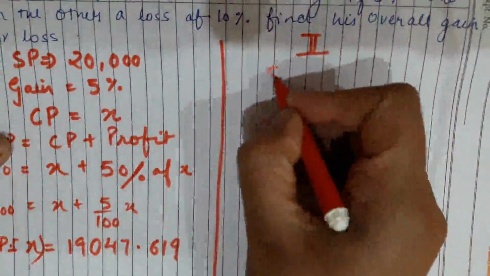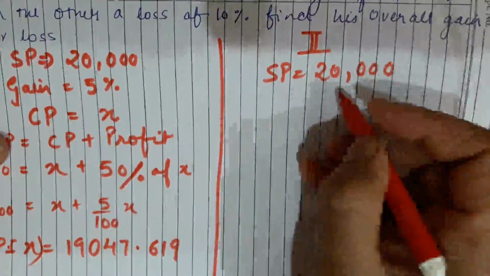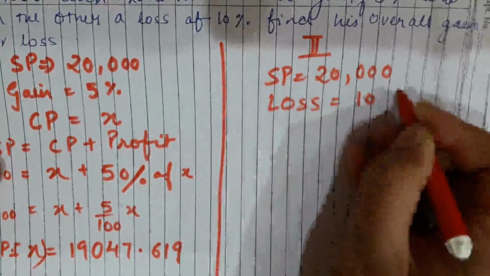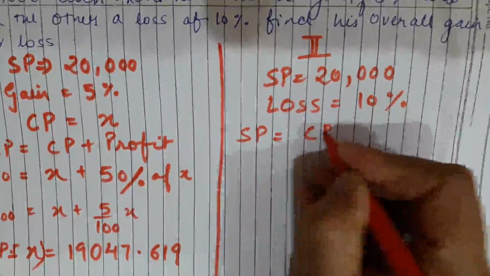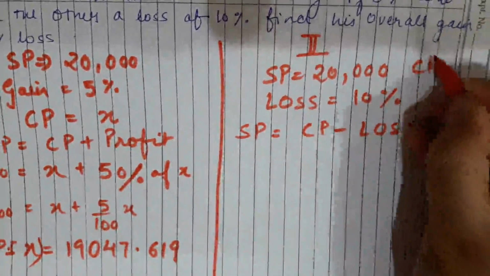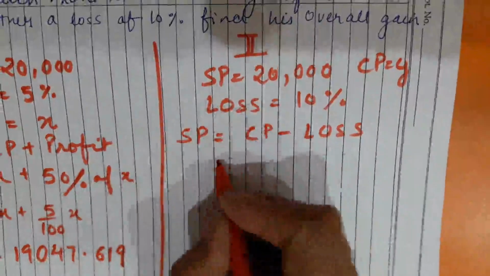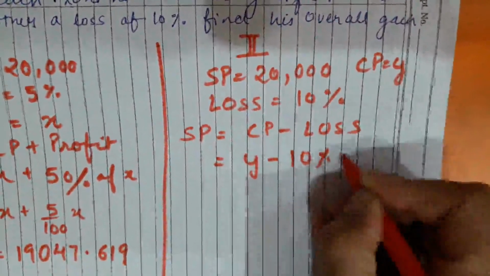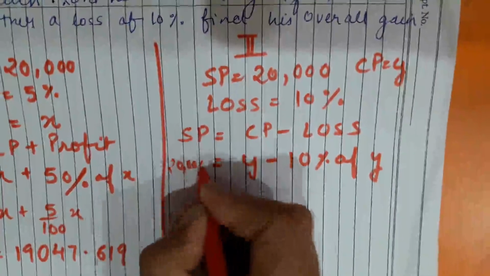In this, the selling price of the second buffalo is also 20,000, but the second time he faced a loss of 10%. So let's make the condition: CP minus loss. Let CP equal Y. So CP is Y, loss is 10% of Y, SP is 20,000.